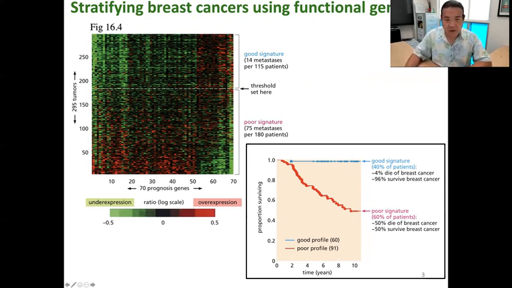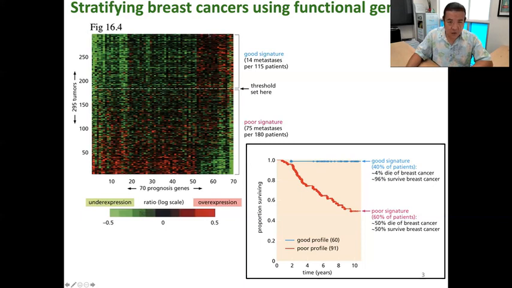Here's an example where they're looking at breast cancers and trying to identify certain families or groups of genes that might be very useful, not only in identifying something about the etiology of the breast cancer, but also providing some insight as to what genes or what proteins made from those genes might be good molecular targets. So let's look at this.